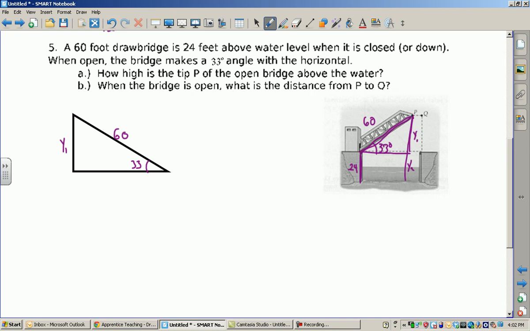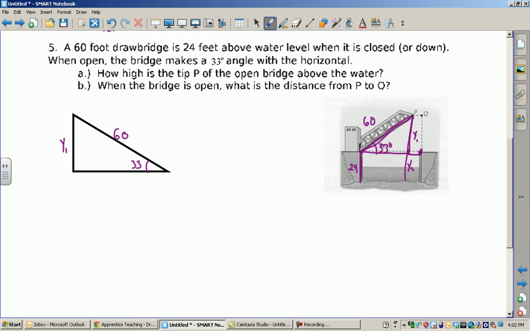Some of us might think, why isn't this bottom leg 60 feet? Because when the drawbridge goes down, it's going to have to be the same length, right? Well, actually, when it goes down, it's going to hit all the way over here. So we have this little teeny distance, which we're going to explore in a moment. We'll get to that in part B.